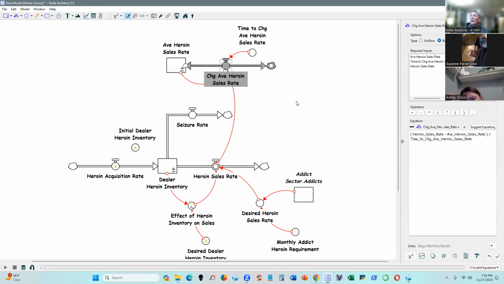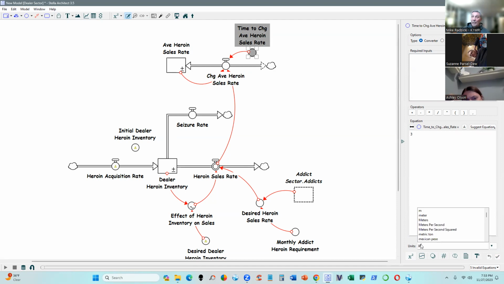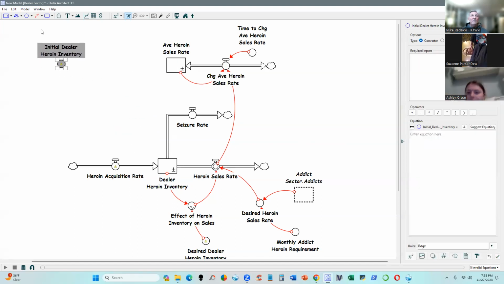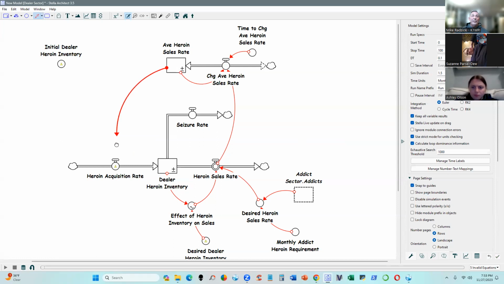And this is like acceleration, bags per month per month, like meters per second squared, right? I should have said per month there. Okay, so far so good. You kind of remember that? Mm-hmm. The steady state error thing.